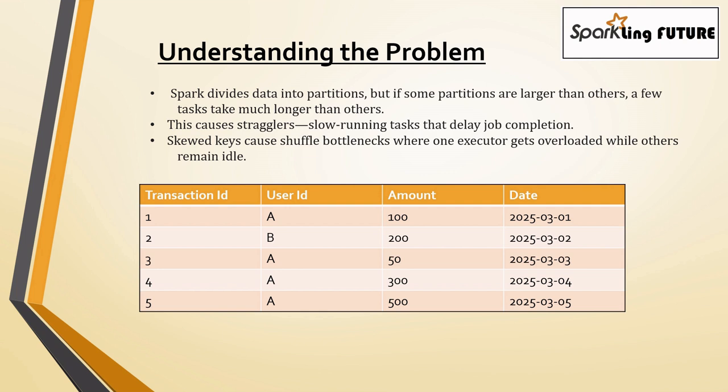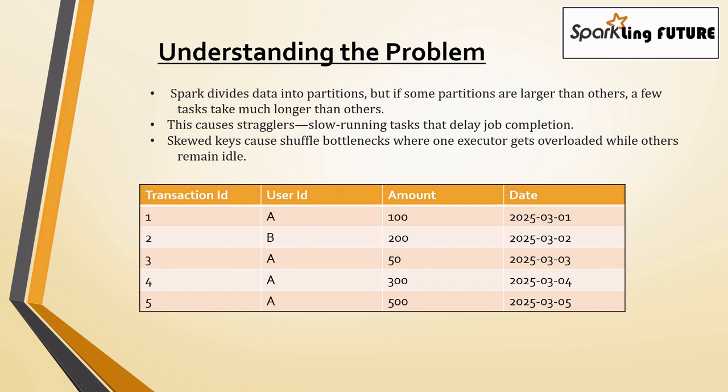If you see this example data that is present here, you can see the user ID. There are two users here, A and B, and let's say you are partitioning the data based on the user ID. So what happens is, 4 records go to one partition and only the second record, B's data, will go to the other partition.